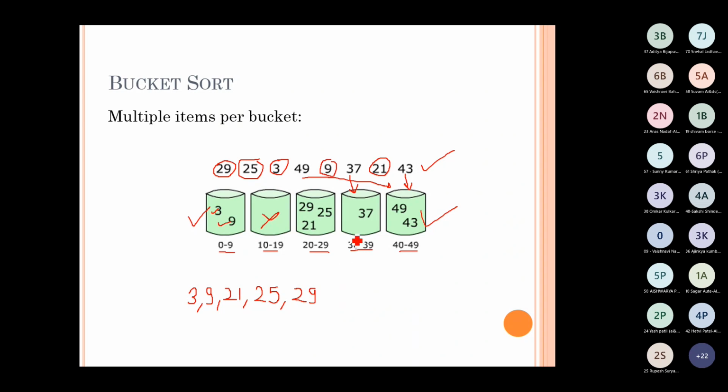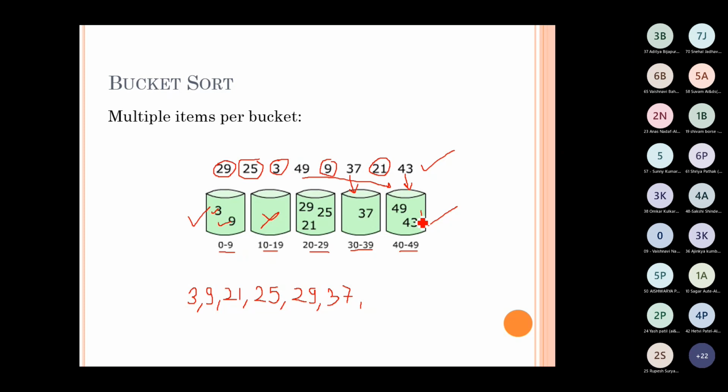Now this concatenation result is concatenated with the sorted content of the fourth bucket. The fourth bucket has only one element, that is now placed here, concatenated here to get the output. Then comma, then these two elements are there.